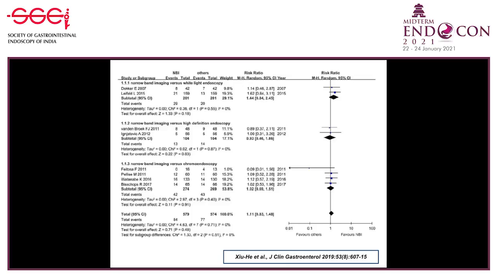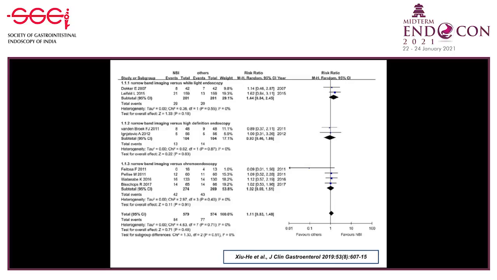So what does the literature say about narrowband imaging in surveillance of patients with inflammatory bowel disease? Overall, as of now, there is no benefit of narrowband imaging over a white light endoscopy or a high definition white light endoscopy.